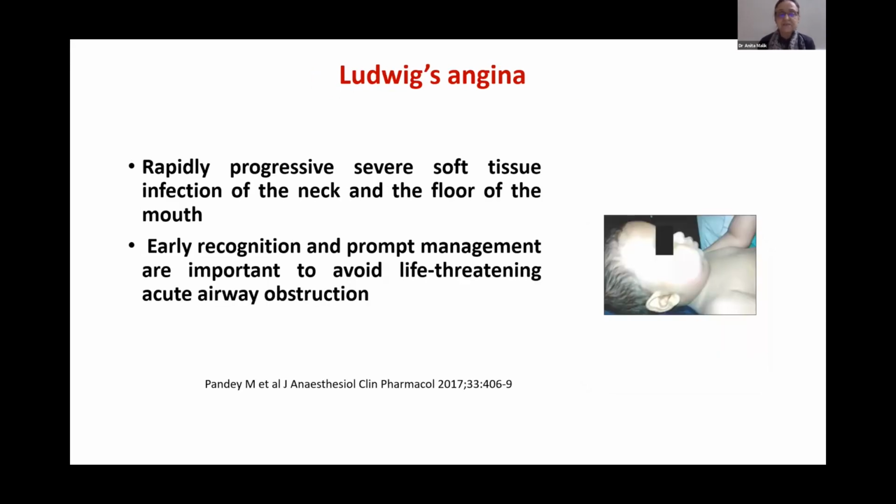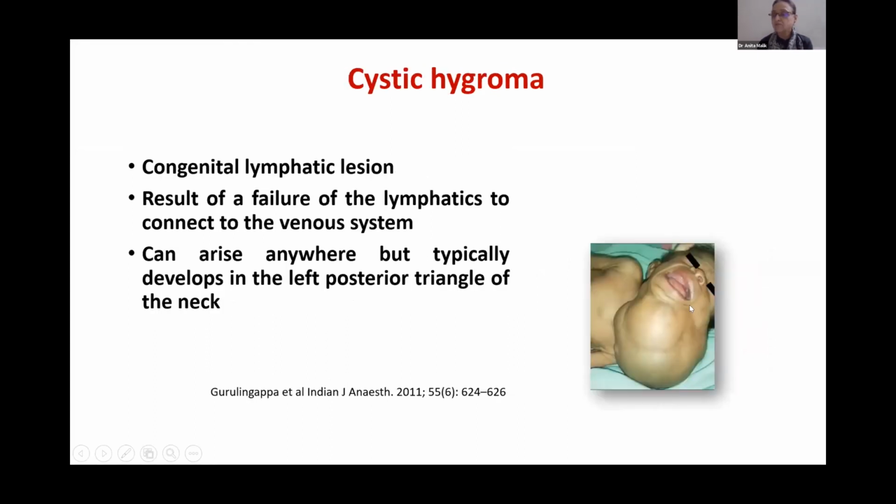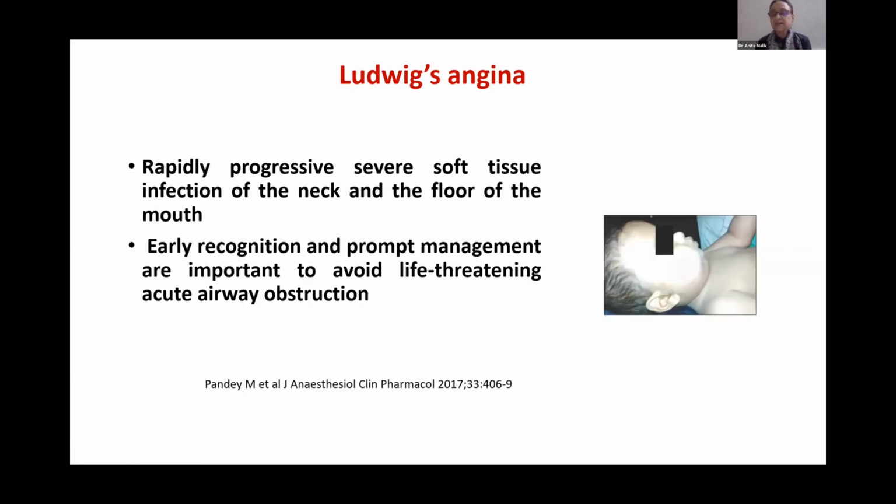Ludwig's angina is a rapidly progressive, severe soft tissue infection of the neck and the floor of the mouth. And sometimes it covers the whole of the neck from one side to the other, and it creates a bull neck like picture. So early recognition and prompt management are very important to avoid life-threatening acute airway obstruction.